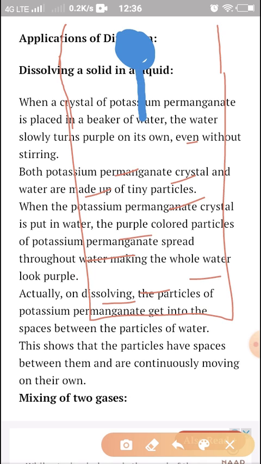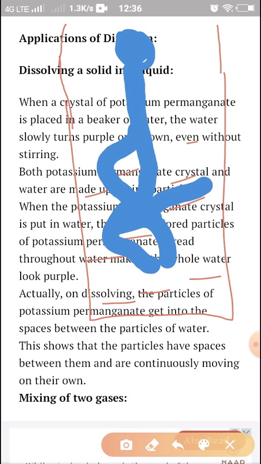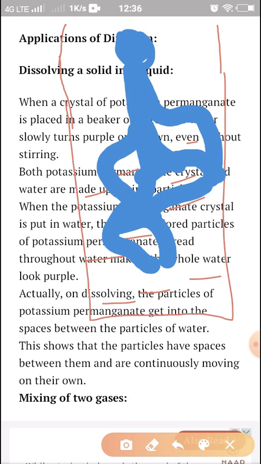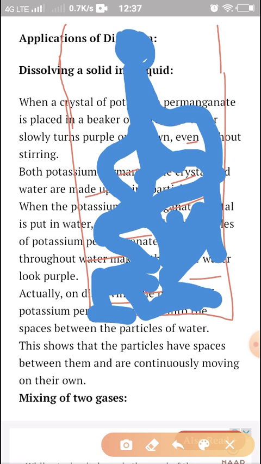How will it enter? It will enter like this, coming through the spaces. These are the H2O components stuck with each other, you know very well. So they will enter from this direction and this, and by this they will cover the whole beaker with potassium permanganate. They will dissolve into the water. This is what we call dissolving.